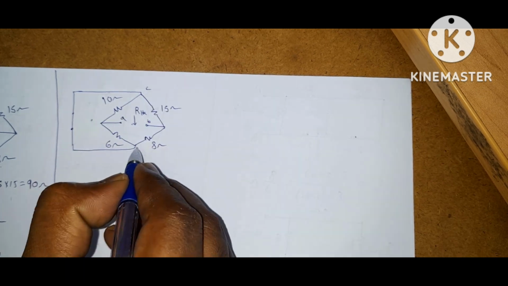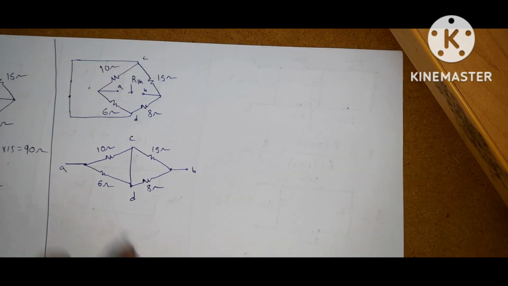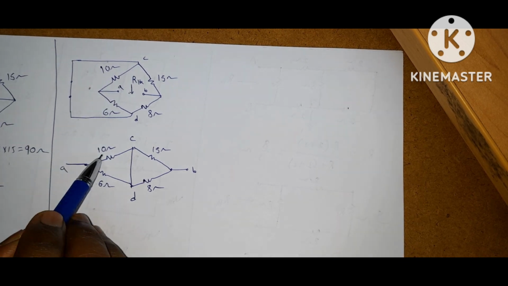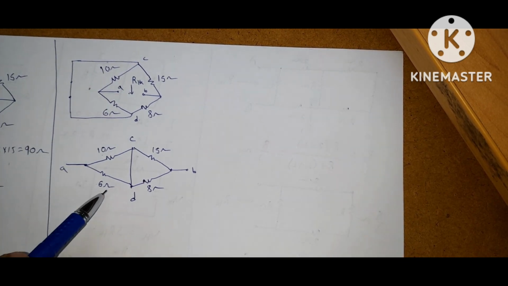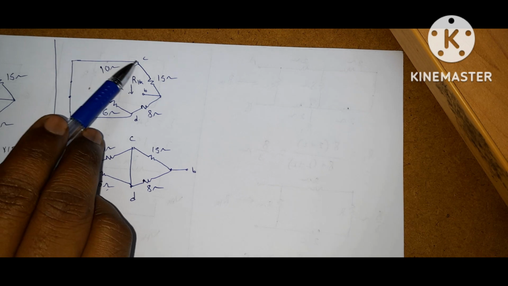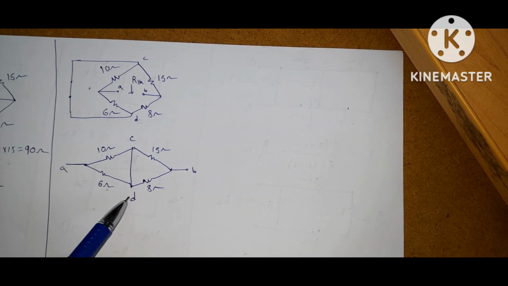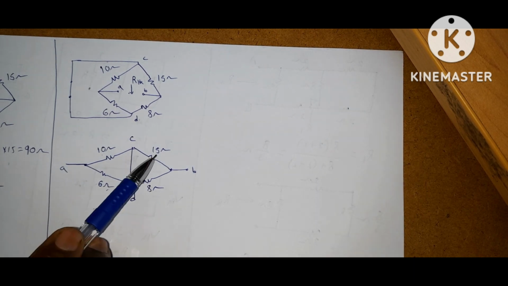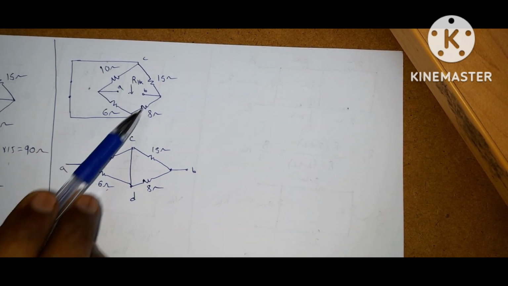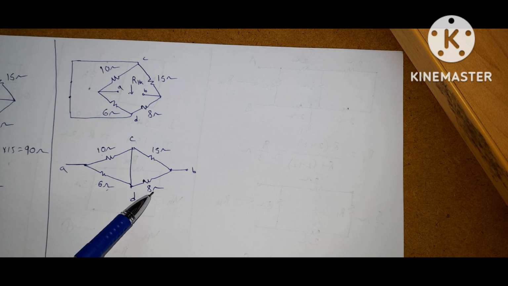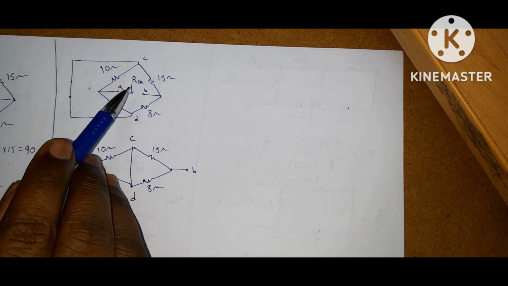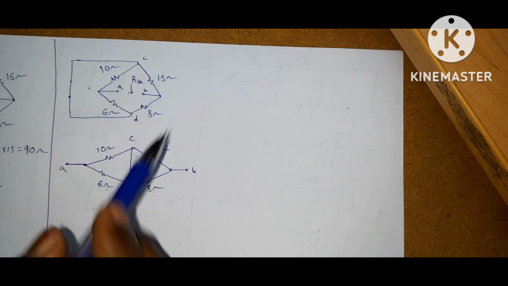Let this be C and let this be D. Between A and C there is 10 ohms, A and D 6 ohms, C and D a short circuit, C and B 15 ohms, B and D 8 ohms. So we need RAB. RAB will give RThevenin.